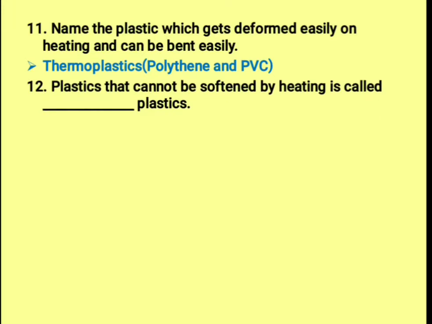The next question is, plastics that cannot be softened by heating are called dash plastic. Some plastic cannot be softened by heating, meaning we cannot recycle it, and that plastic is called thermosetting plastic. See students, these two types of plastic should be remembered.